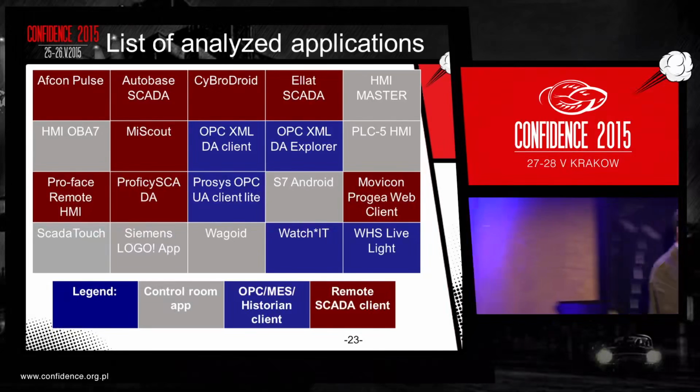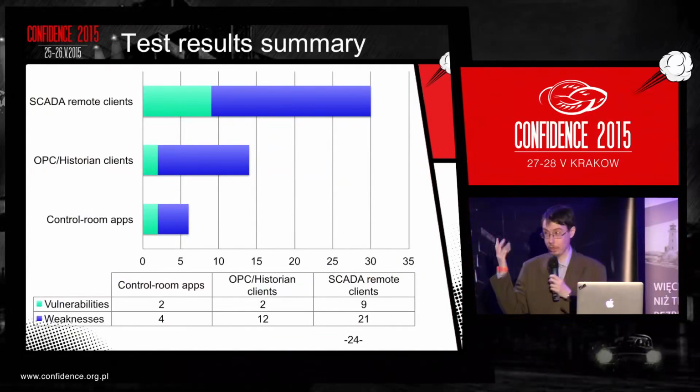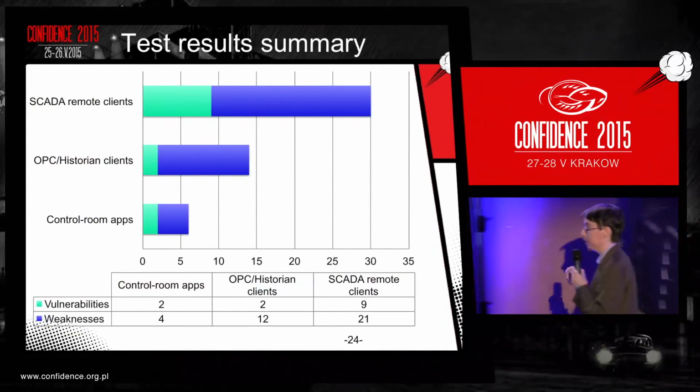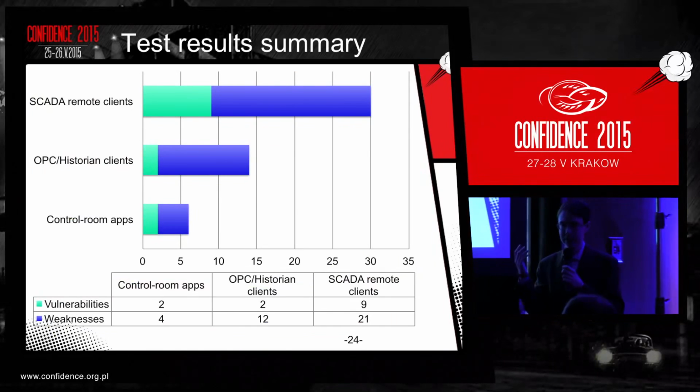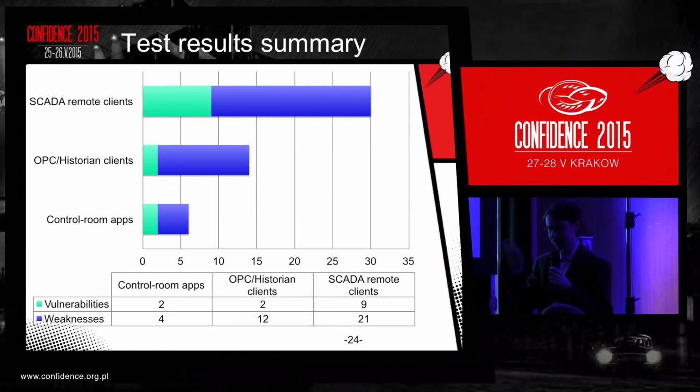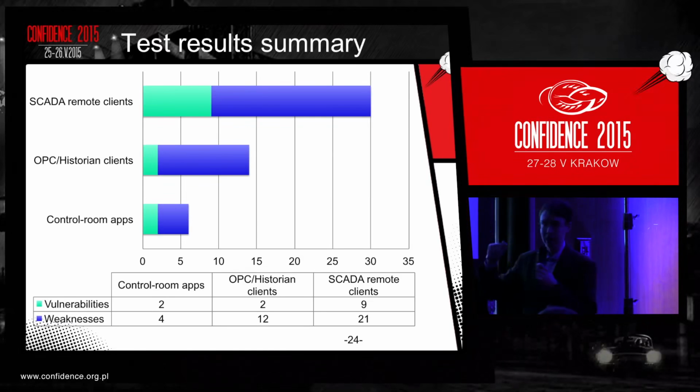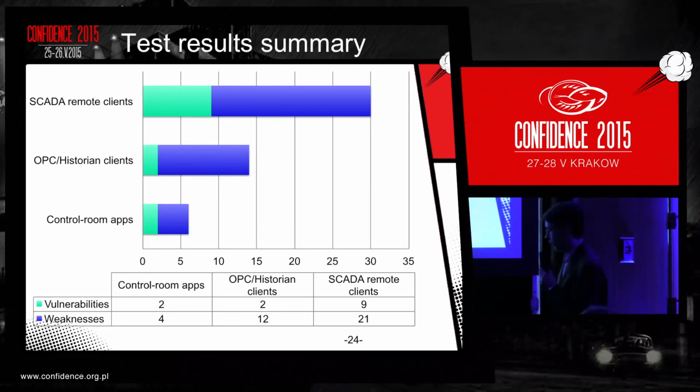And what we saw in the result was a bit shocking and scary, because control room applications, as we've said already, are run in the safe perimeter. So I expected that most of the bugs and weaknesses would be in control room applications. However, most weaknesses and vulnerabilities were found in SCADA remote clients.